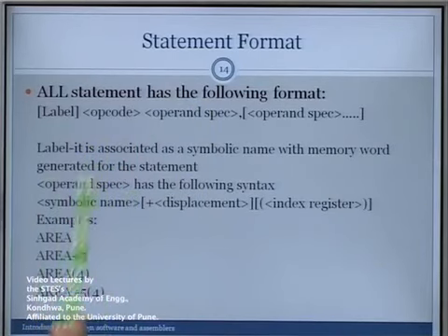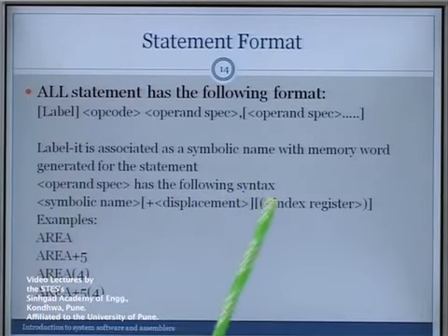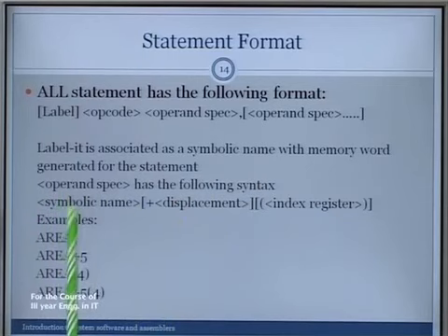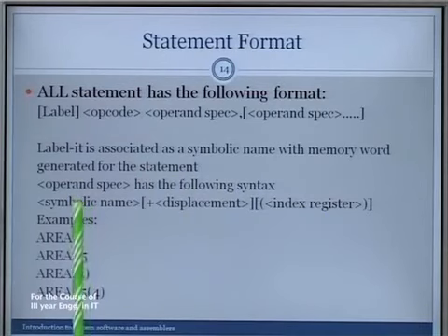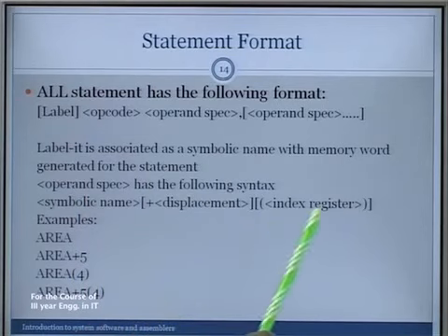It is basically a symbolic name which can be followed by displacement and followed by register. Now these two are optional. You can have only a symbolic name, or a symbolic name followed by displacement, or a symbolic name followed by an index register, or a symbolic name associated with displacement and an index register.